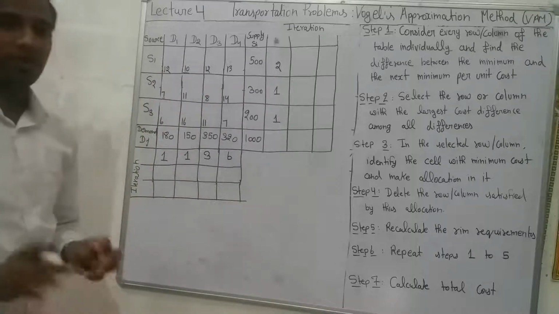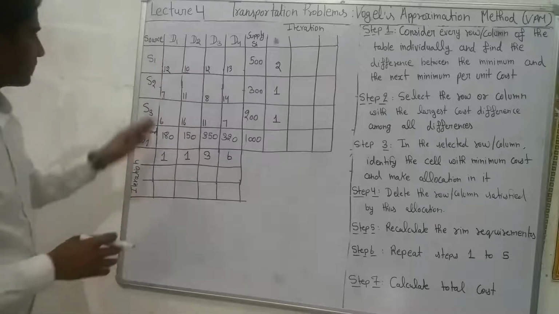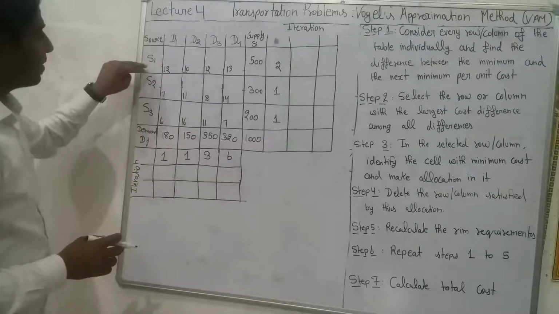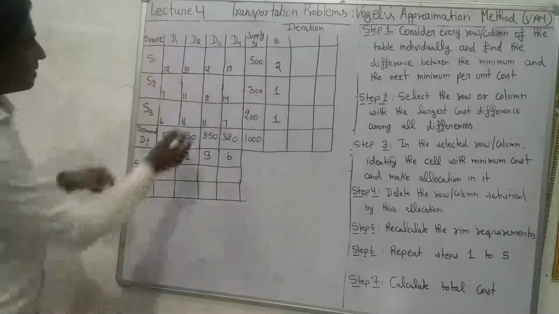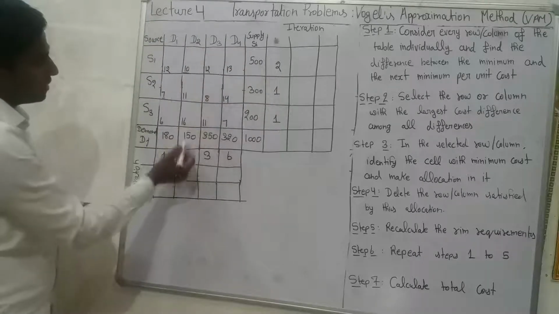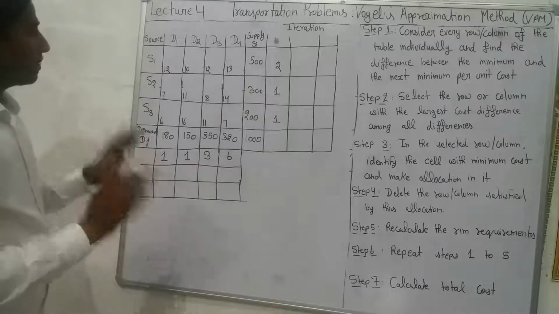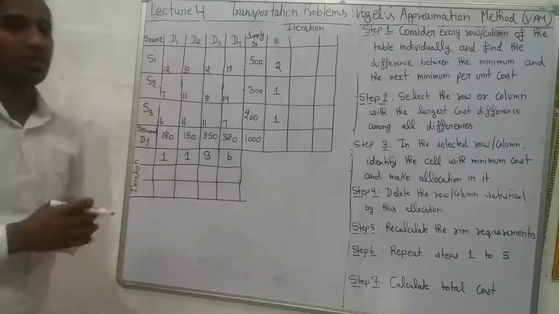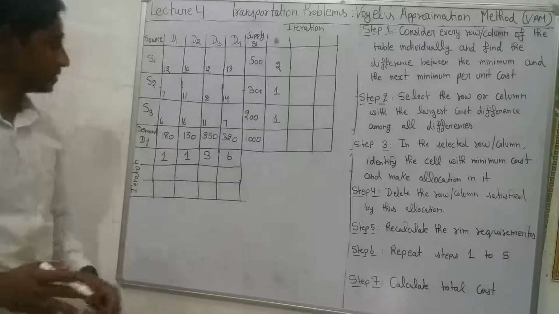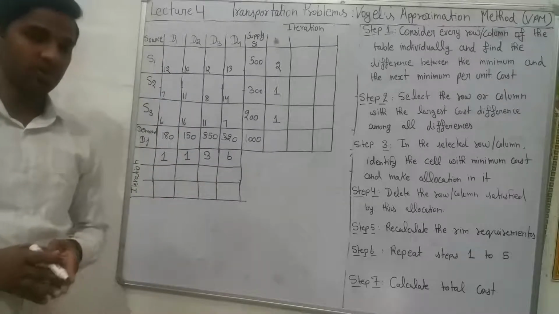But the problem is, if we match demand and supply, the supply of source 1 is 500 units, but the demand of destination 2 is only 150 units. So we cannot supply 500 units from source 1 to destination 2 because there is a mismatch between supply and demand. So what would happen?